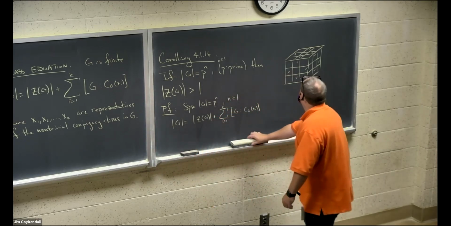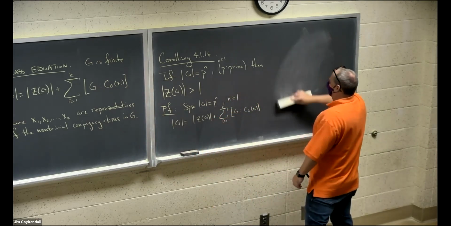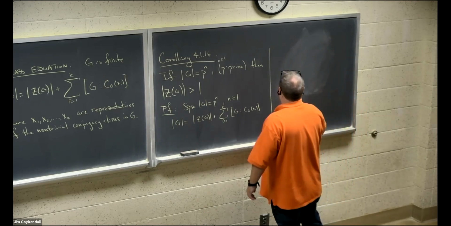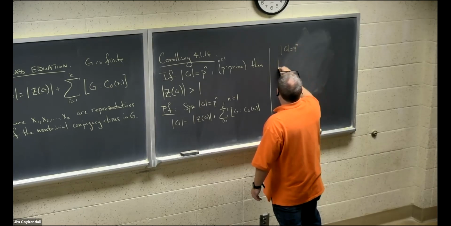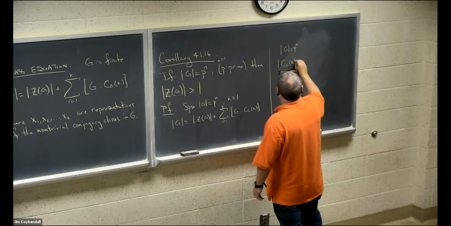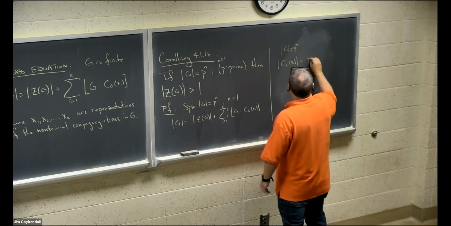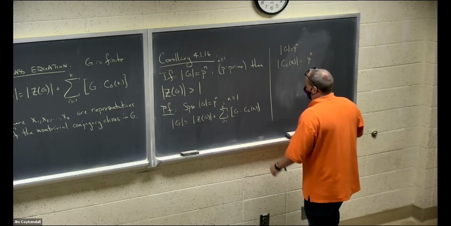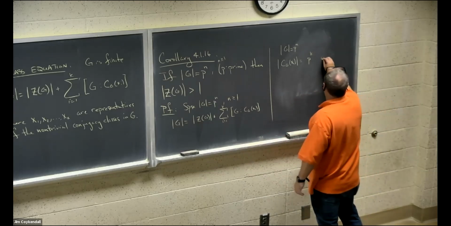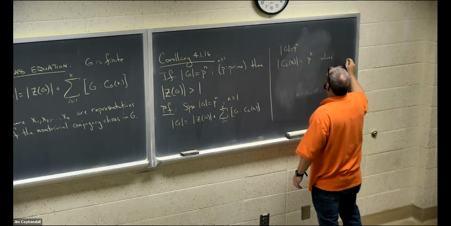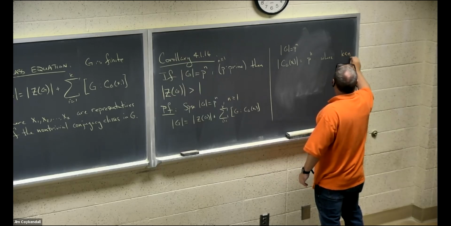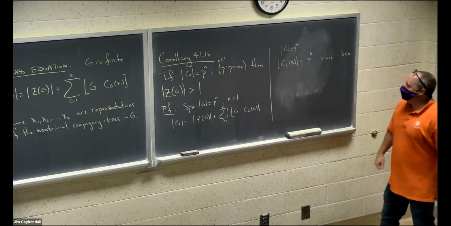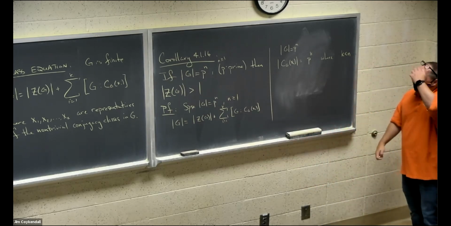Now, let me make a couple of observations. First of all, the order of G is P to the N. And so the order of the centralizer in G of Xi is P to the K, where K is less than N. Why strict?